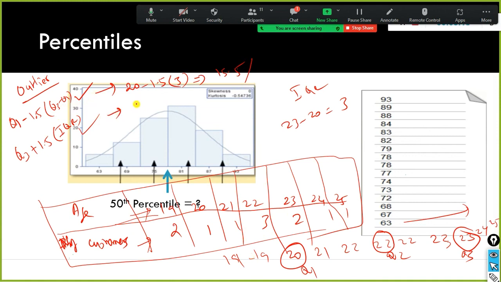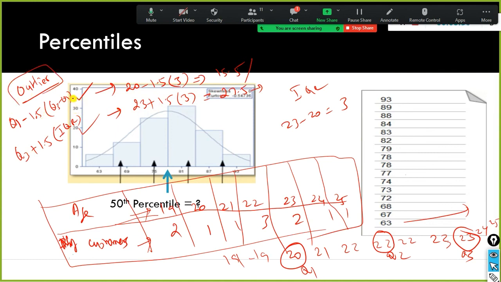So in Q3, what is the value here? 23 plus 1.5 into 3. So 4.5 plus 23, 27.5. Anything above 27.5 is considered as an outlier. This is how you need to find out the outlier. This is the formula that is used.